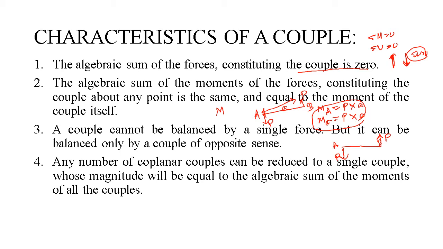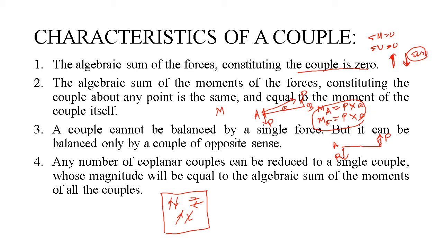Any number of coplanar couples can be reduced to a single couple. Many coplanar couples are given in one plane. This is one. Three coplanar couples are given, and they can be reduced to a single couple.